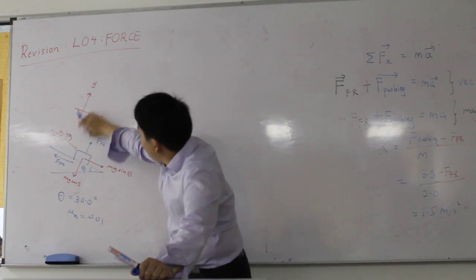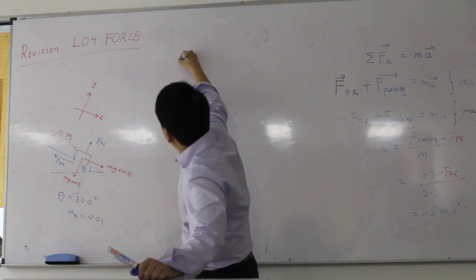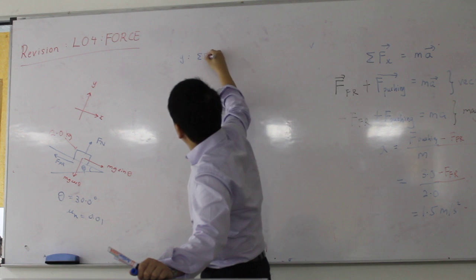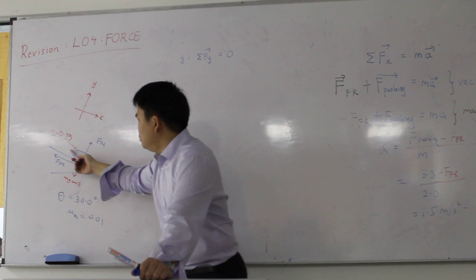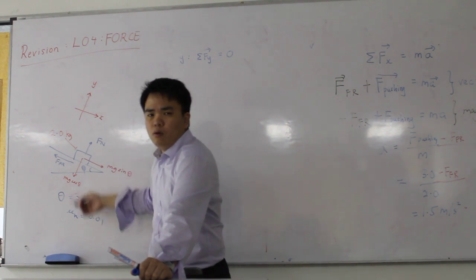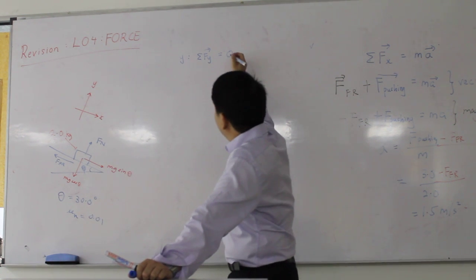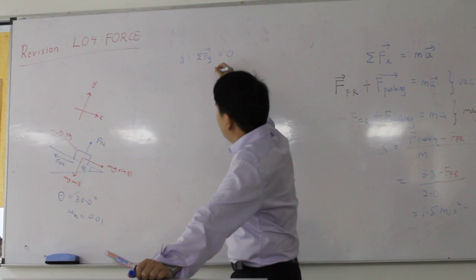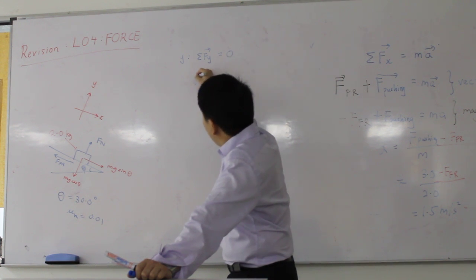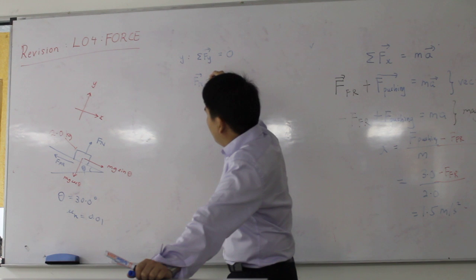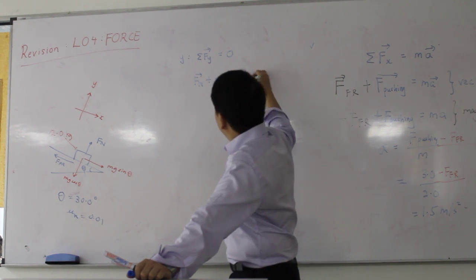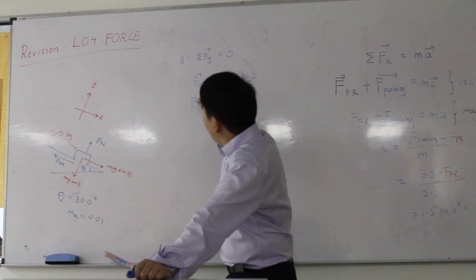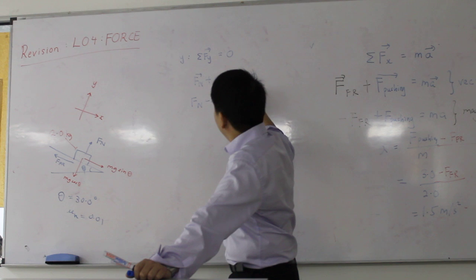So for the y component, sigma Fy equals 0 because there is no vertical movement, no upward, no downward. Then we can say that Fn plus mg cos theta equal to 0, and in terms of magnitude, Fn minus mg cos theta equal to 0.